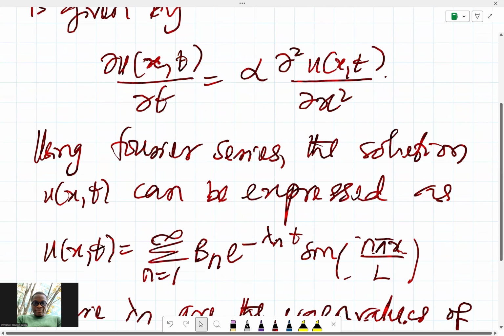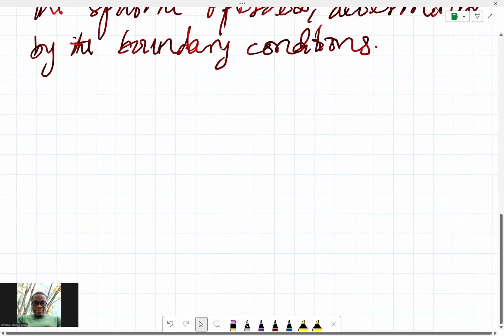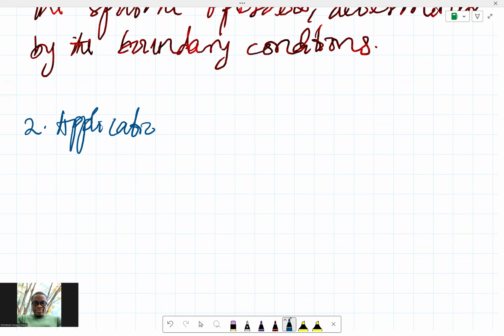Now let's talk about another application, the wave equation.